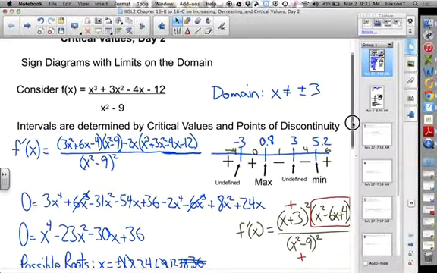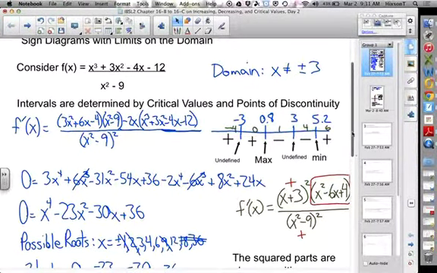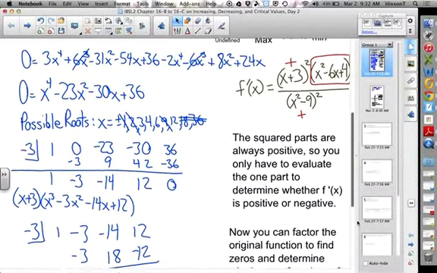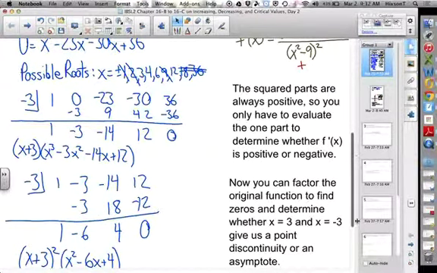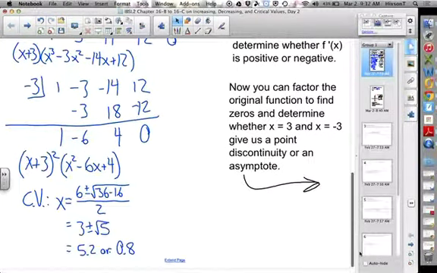Okay, but if you recall where we left off, we had found the derivative of this function. We had set it equal to 0. We had found the solutions, and we said, okay, -3 was a root of that numerator, but the denominator was x squared minus 9.